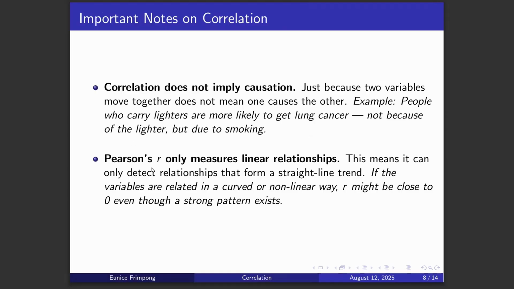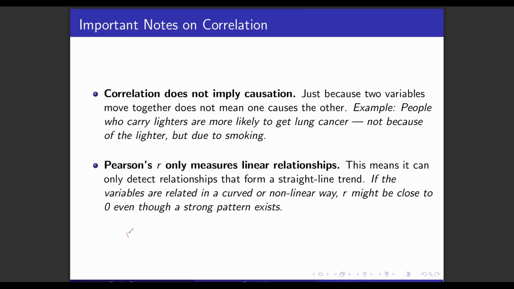We also have the Pearson's R. The Pearson's R only measures a linear relationship. The kind of correlation we are looking at, that which formula I introduced a few minutes ago, is a measure for linear relationships. So it only detects relationships that form a straight line trend. If you plot the data on a scatter plot, you should see a straight line pattern. If you are seeing a curved pattern, then you can't use the Pearson's R to measure correlation.